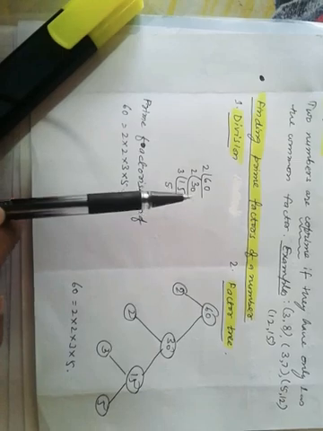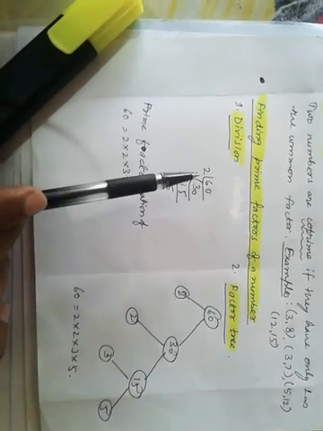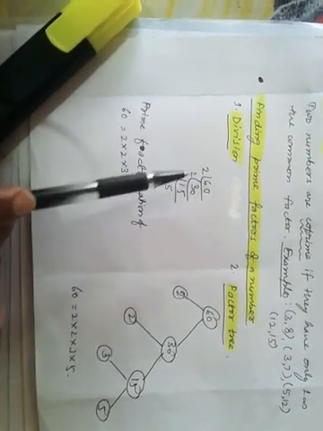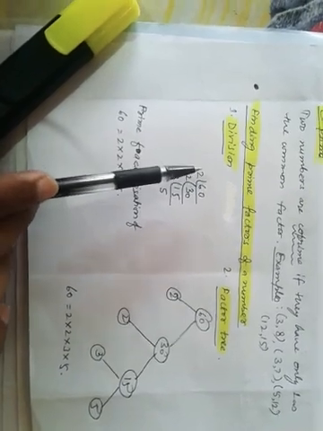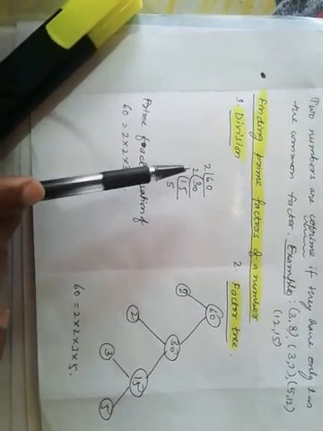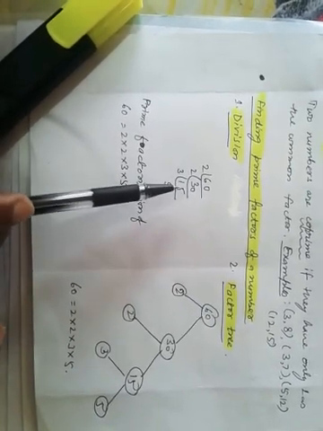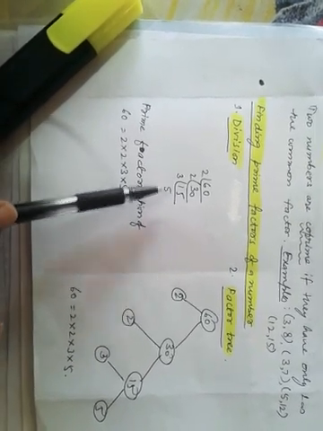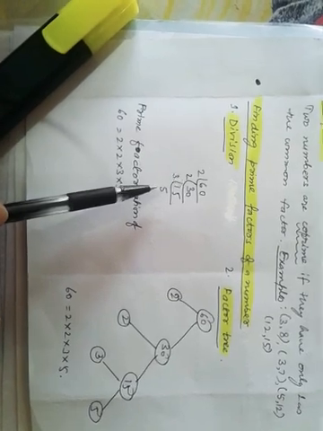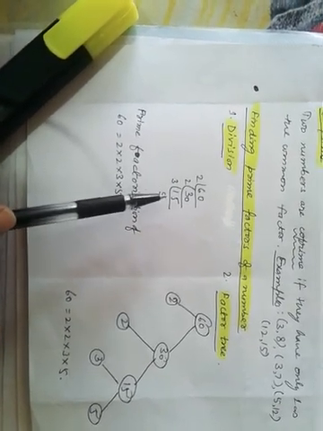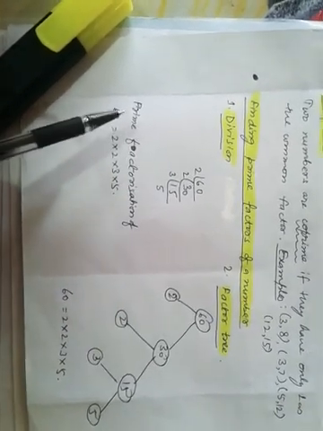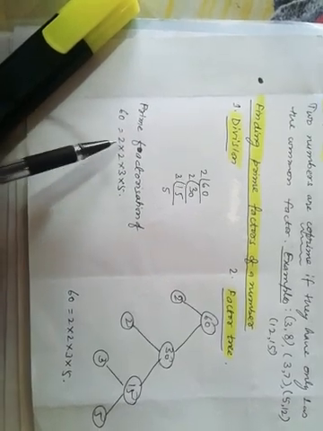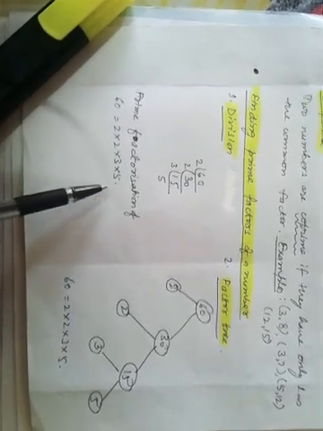The first small prime number is 2, so we start with 2. When we divide 60 by 2, the quotient is 30. When we divide 30 by 2, 15 is the quotient. When we divide 15 by 3, 5 is the quotient. When we get a prime number in the quotient, we stop. So the prime factorization of 60 is 2 into 2 into 3 into 5.